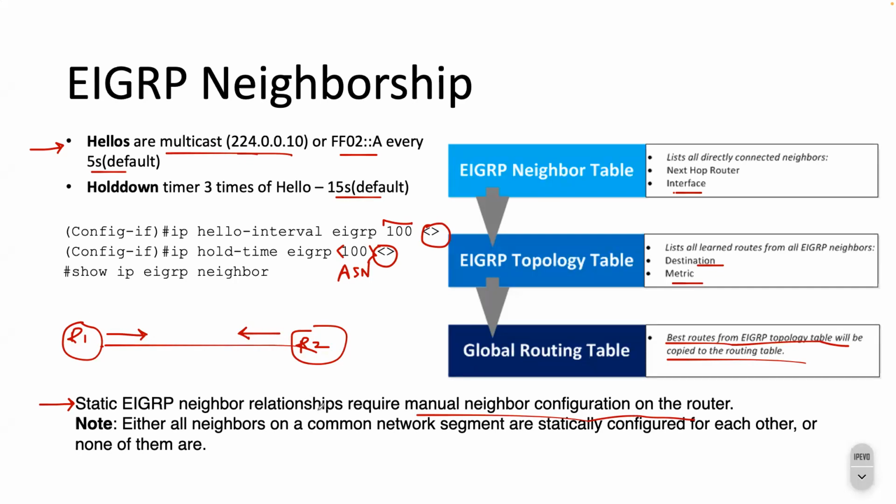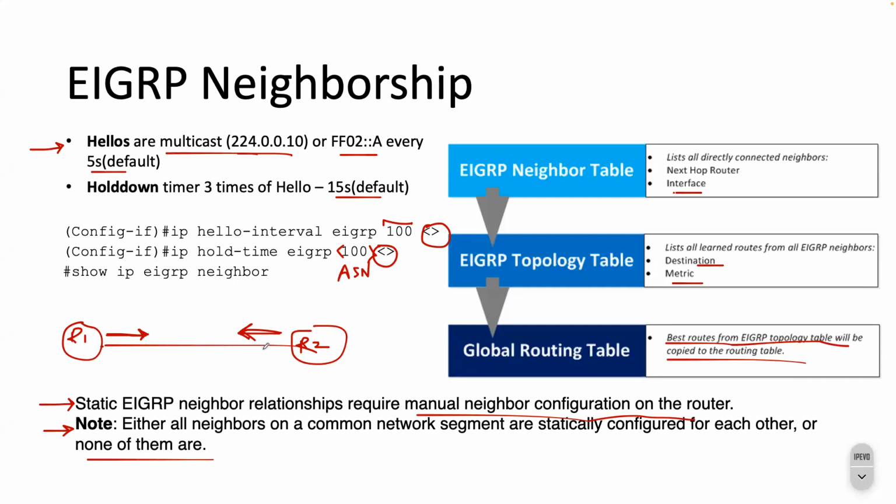But understand, if on one side I am defining a static neighbor, then it is a must to define the static neighbor on the other side also. Otherwise they will not be able to form your EIGRP neighborship. So that's what this line says: either all neighbors on a common network segment are statically configured for each other, or none of them are.